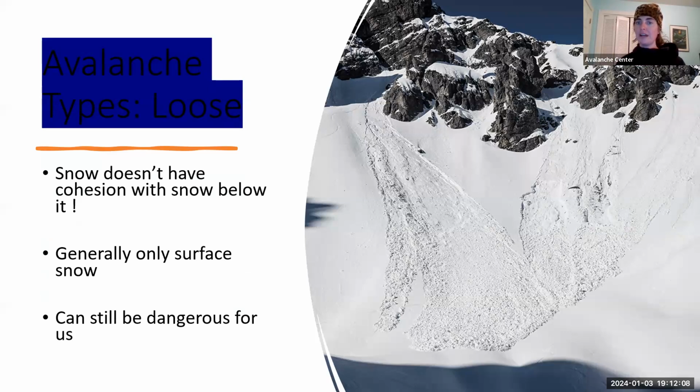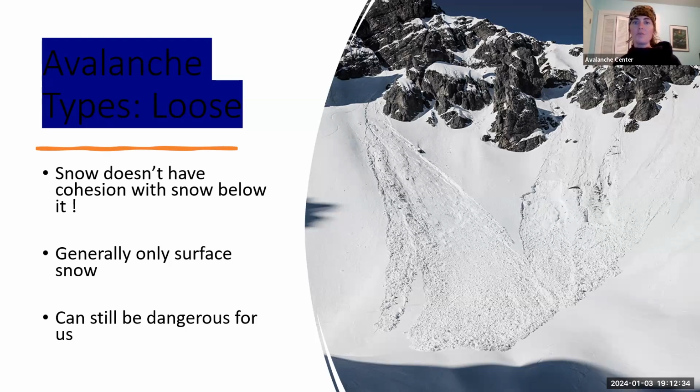You could hear them called sloughs or point releases. They're typically just a couple inches of snow on the surface. These can still be dangerous if, for example, we're knocked off a machine, or we're riding around cliffs, just any place that getting knocked over could injure us.